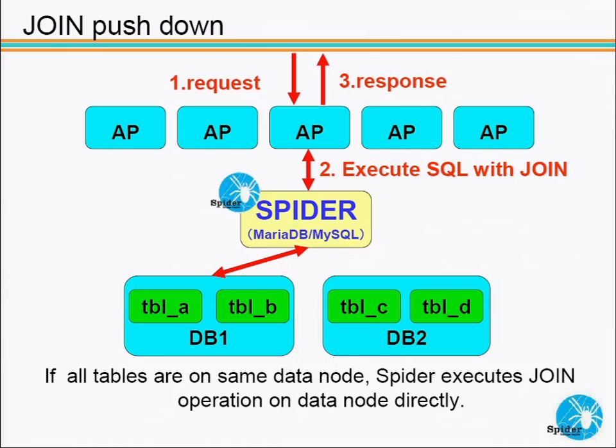And also, in this pushdown of join, when aggregate functions are included in the query, since the aggregate processing is also executed at the data node, the amount of data transfer is greatly reduced and it becomes super high speed.